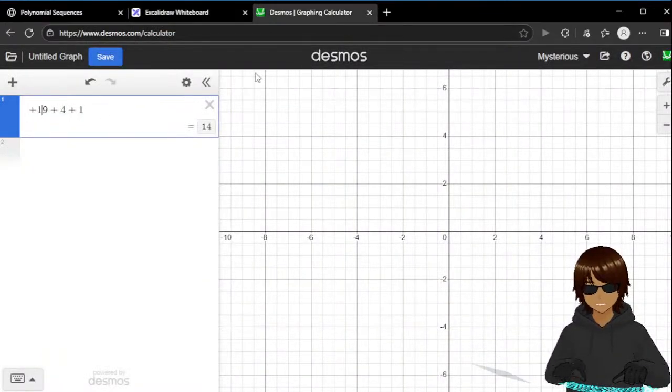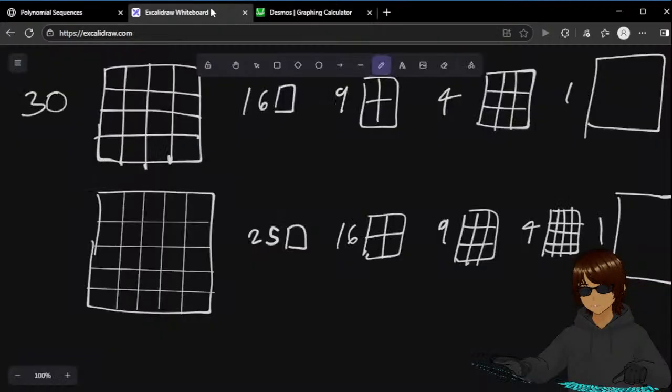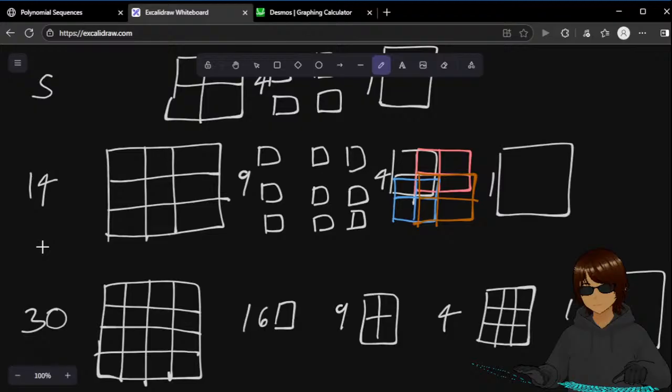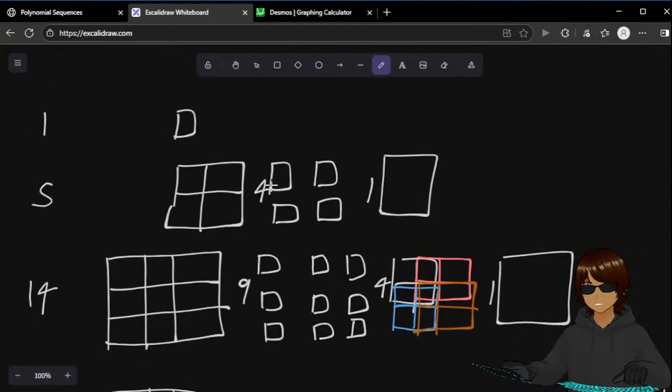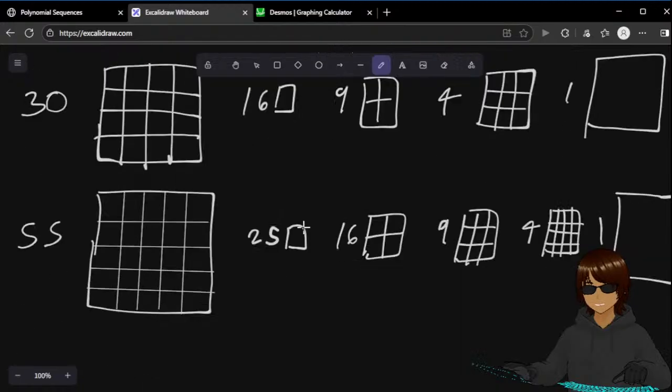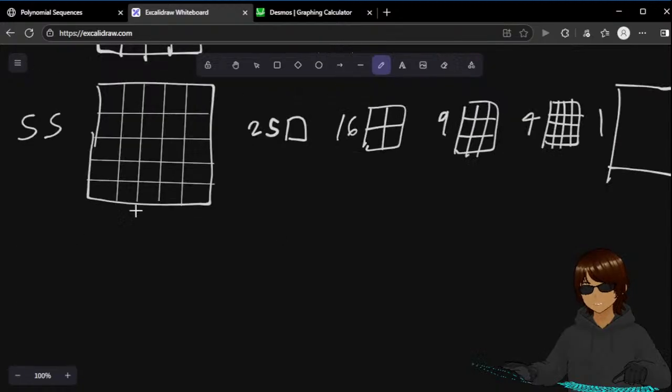So plus 16 plus 25 is 55. So 1, 4 square, 9 square, 16 square, 25 square.